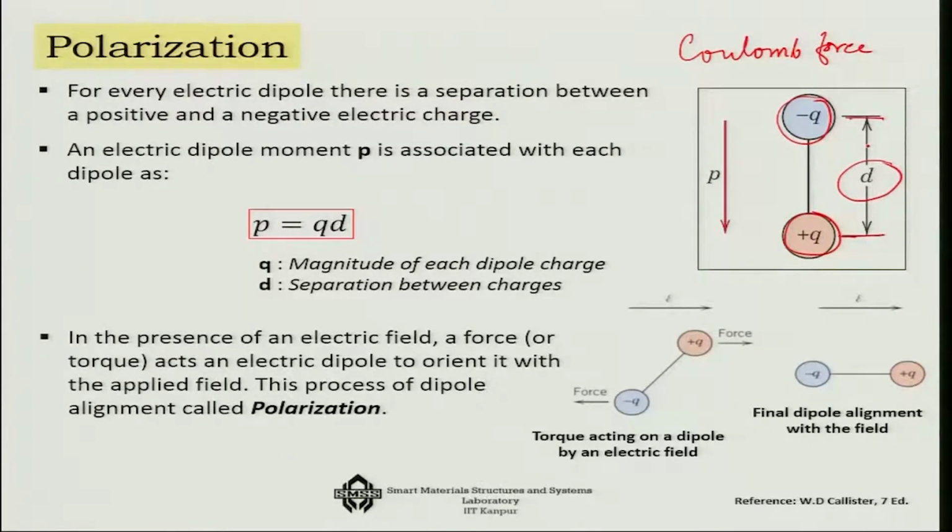Now, the charges that are separated by a distance d will create a dipole moment p, and this dipole moment can be expressed in terms of the magnitude of the dipole charge q times the separation between the charges d. If there is an electric field, a force or a torque acts on the electric dipole to orient it with the applied field, and this process of dipole alignment is called polarization.